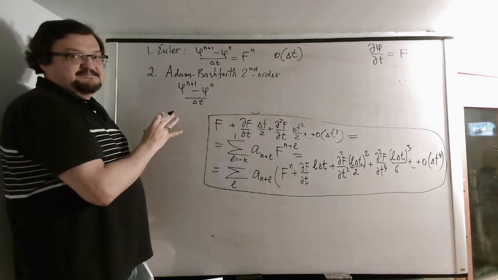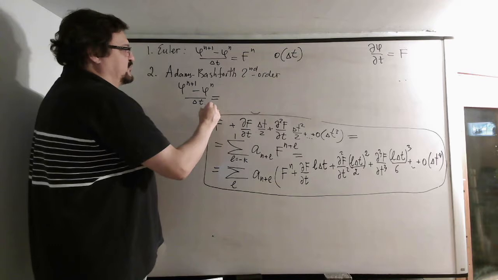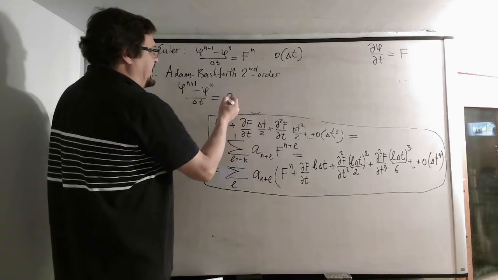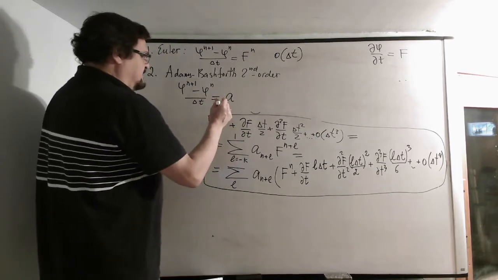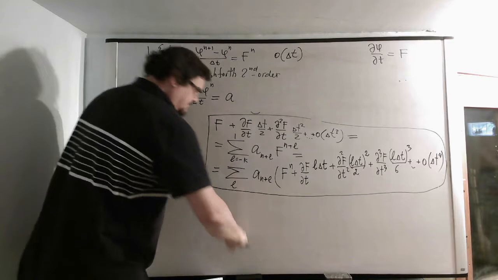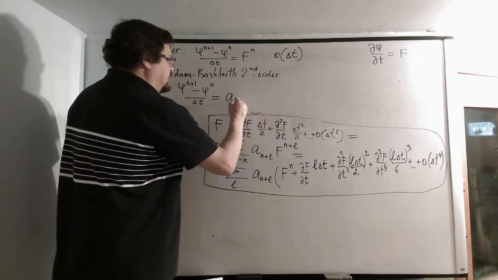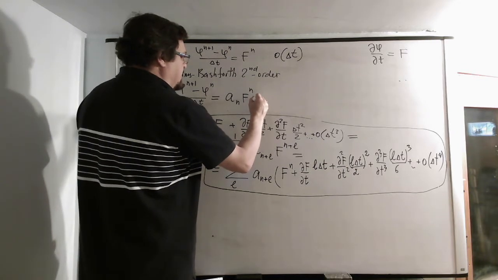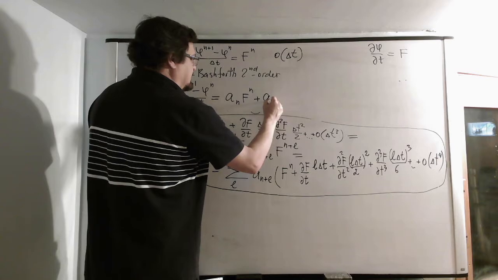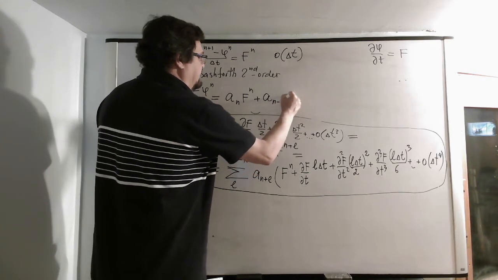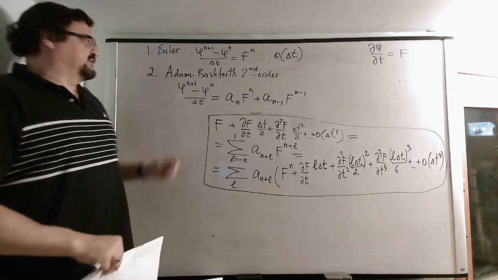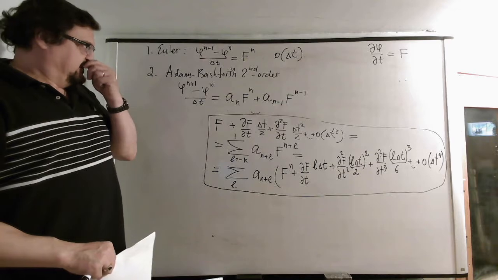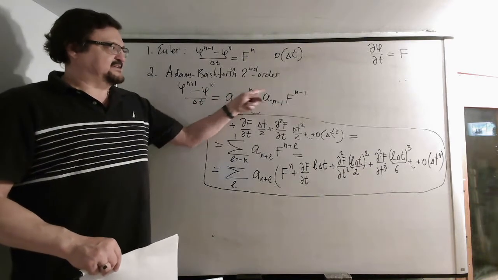So it's still forward in time, but the right-hand side would be some coefficient a n or a L in this case, a n f n plus a n minus 1 f n minus 1. So basically what we do is a kind of linear interpolation between time steps n and n minus 1.